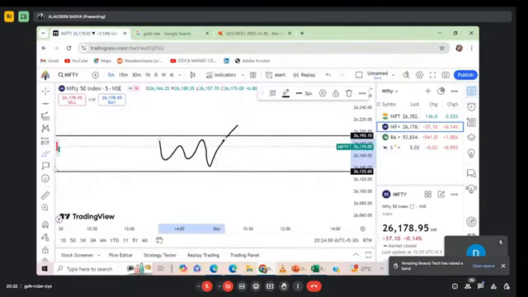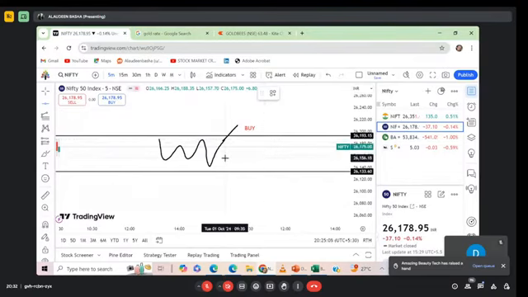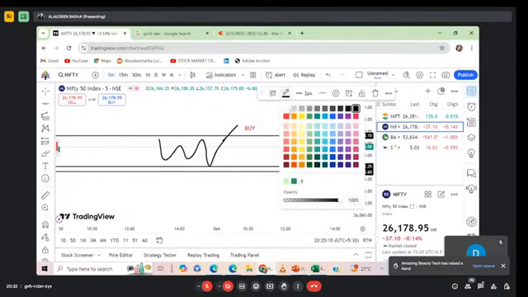So now you can buy here. Once you go for buy, the previous support is your stop loss. For example, this is the previous support. This is for stop loss.